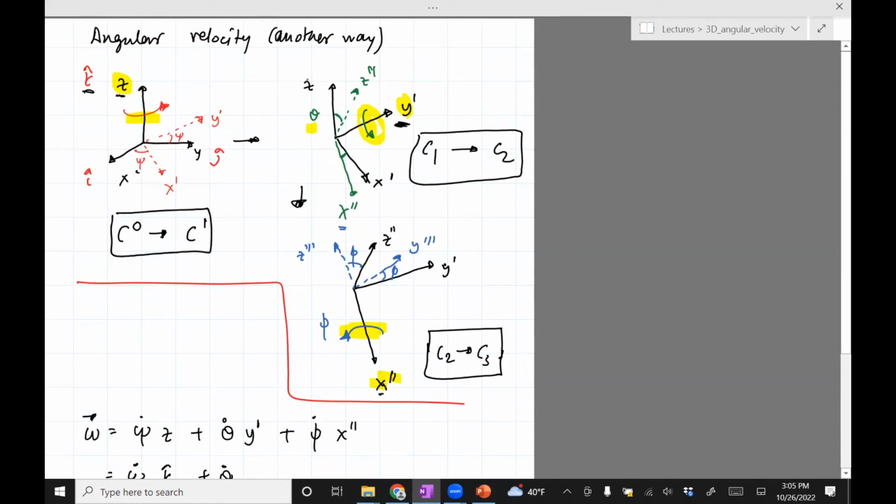Now the question is, how is y prime related to ijk? So if you want to go from this configuration to this one, you need to rotate this frame by an angle of psi, to get the new frame, which is shown here.